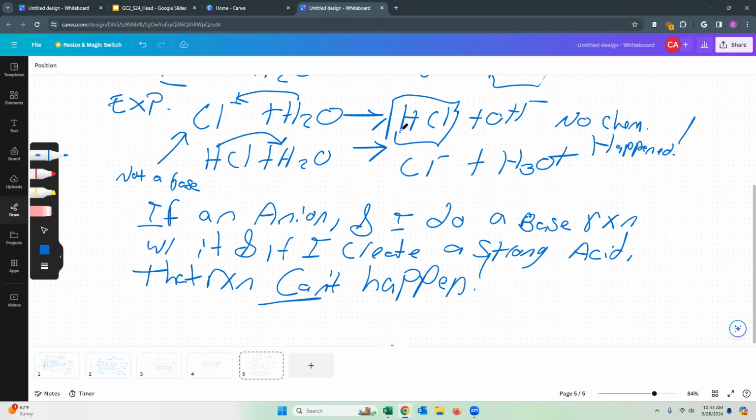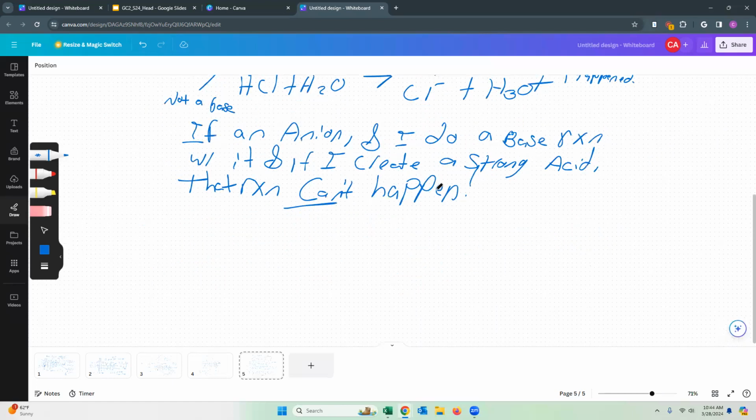So let's actually talk about, what are our strong acids? How do I determine if I have a strong acid? So strong acids, on a problem, right? How do I determine if I have strong acids? One, no Ka is given. If no Ka is given and I don't ask you to find Ka, we can assume it's a strong acid.